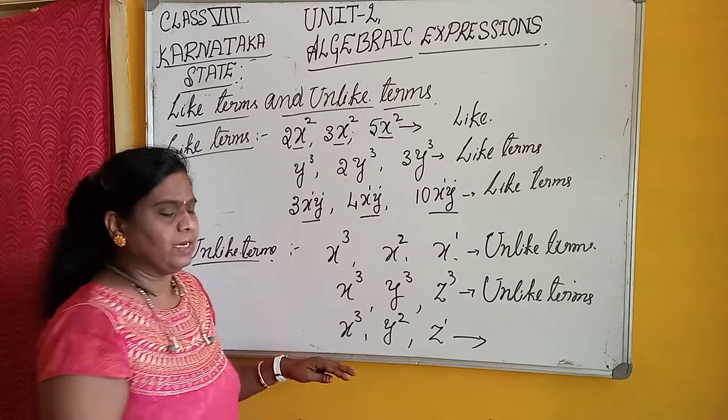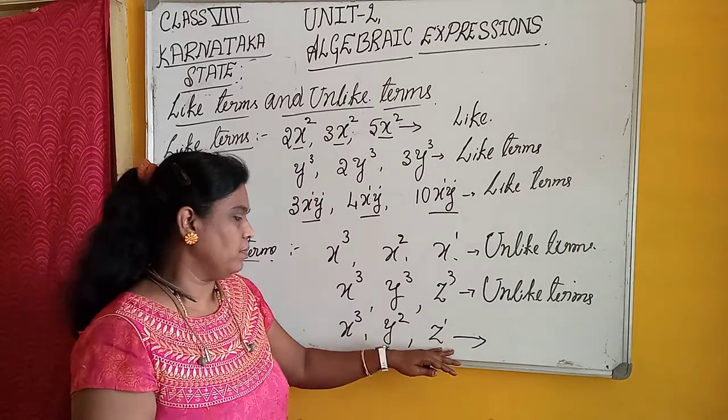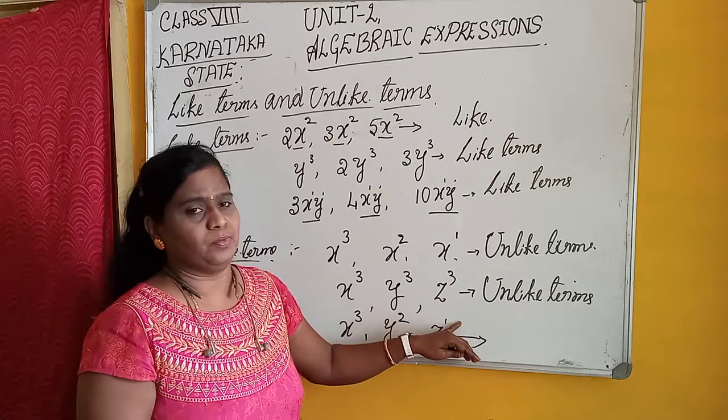These are examples of unlike terms. Here we are using different variables with different exponents.